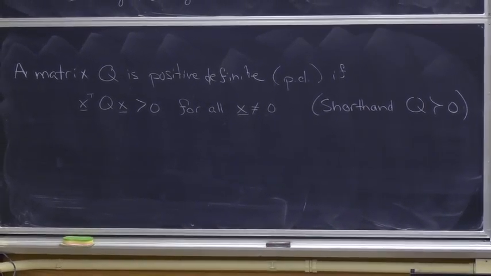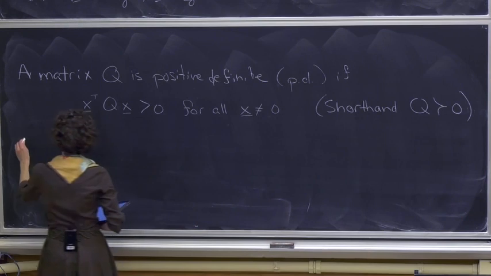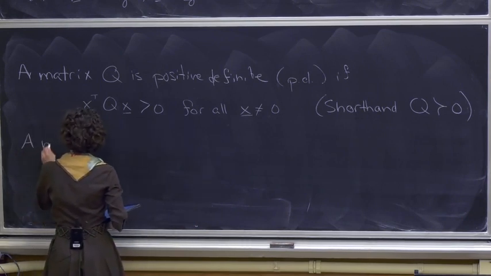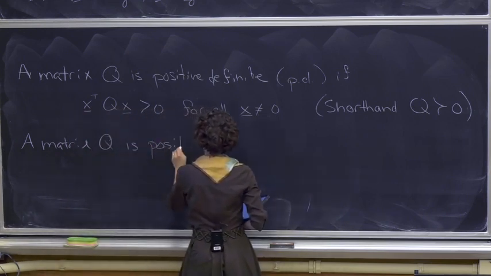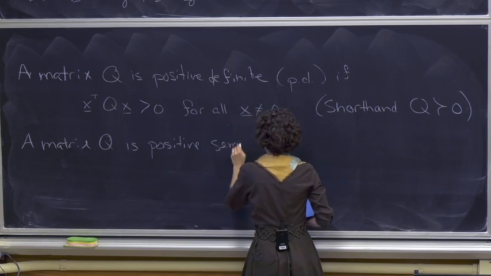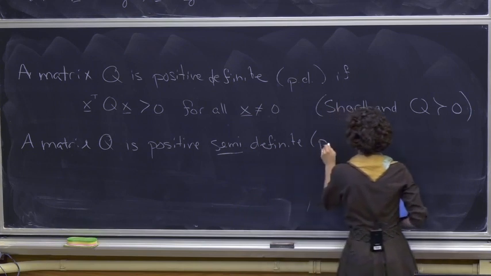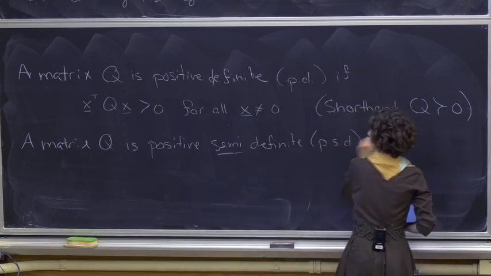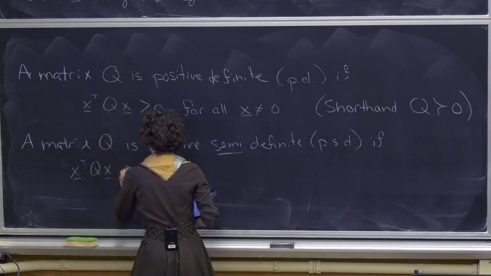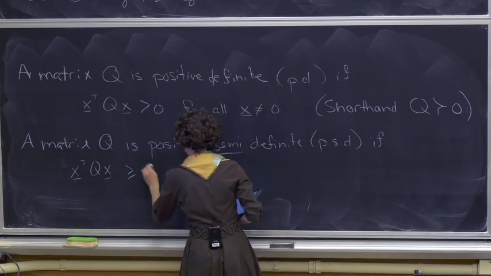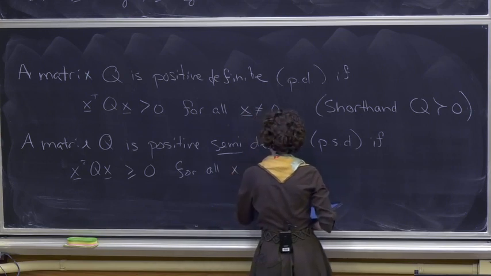So we're going to look at some examples, but I just want to put in a second part of this definition first, and then we'll think about an interpretation. So a matrix Q is positive semi-definite, PSD, if X transpose QX is greater than or equal to 0 for all X not equal to 0.